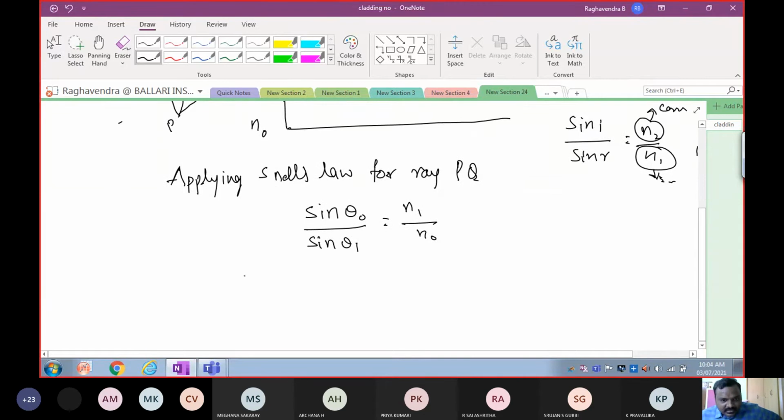So this can be written as n0 sine theta naught equals n1 sine theta 1. Call this equation number 1.